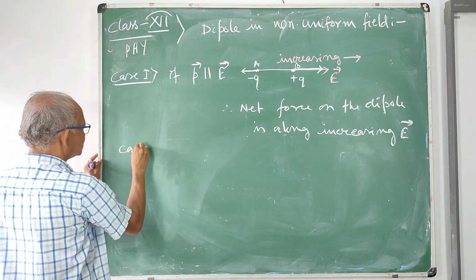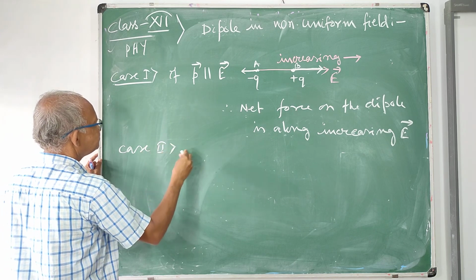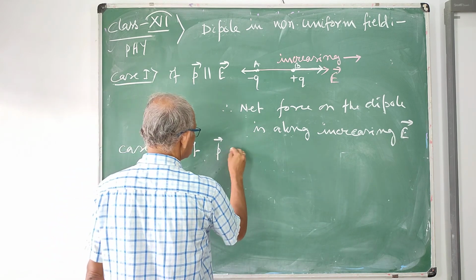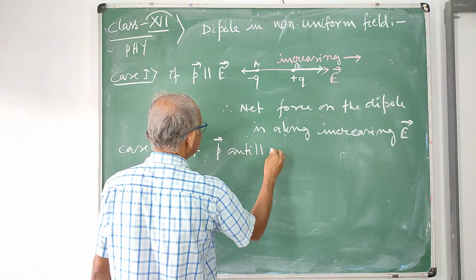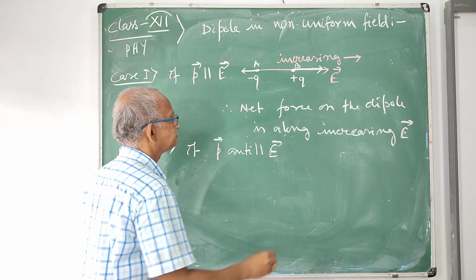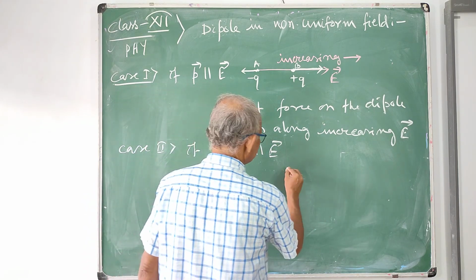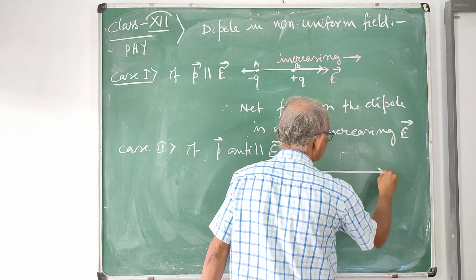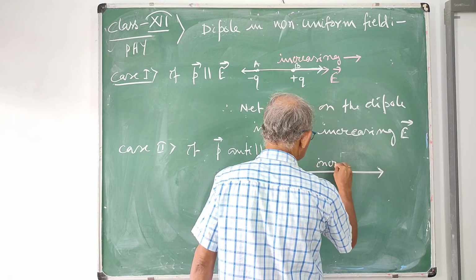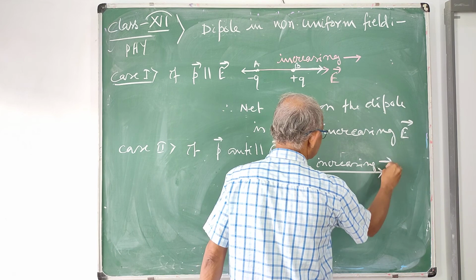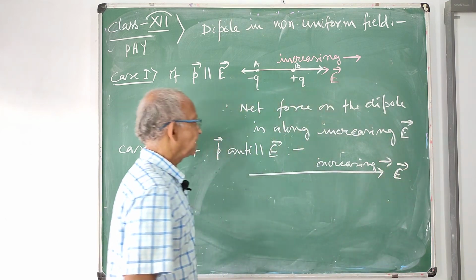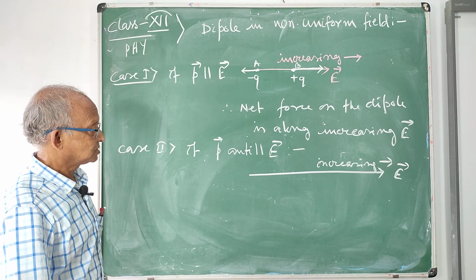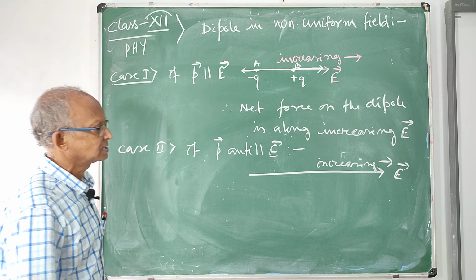Case 2: if P is anti-parallel to E. Again consider E increasing as before, but the dipole moment is making 180 degree angle with electric field.